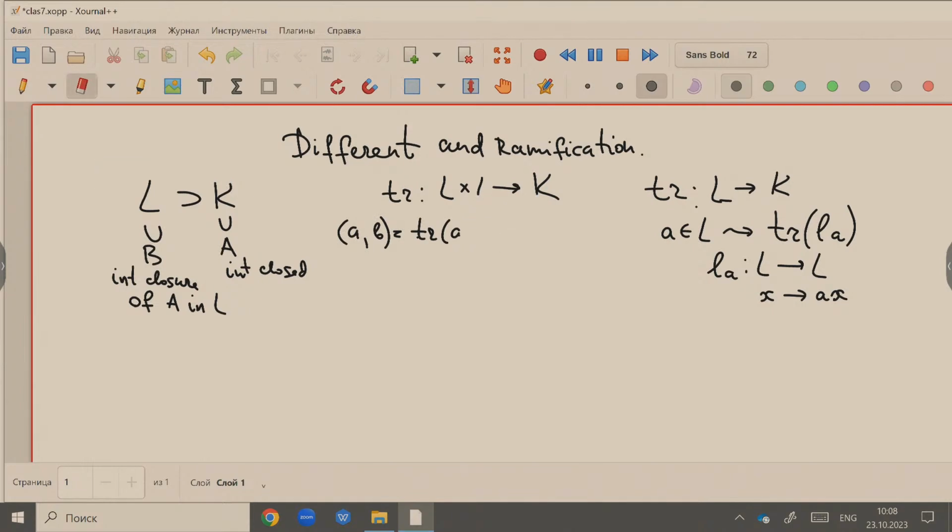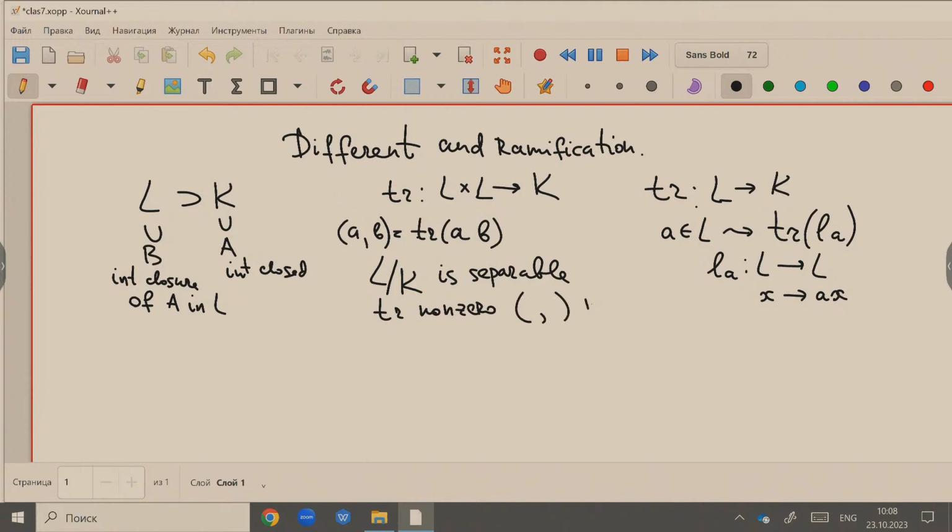You apply the corresponding linear functional to the product of two elements, and this gives you a bilinear form, and if L over K is separable, then this trace is a non-zero linear form, and the form is non-degenerate. Yeah, that was our setting, and what was the benefit here?